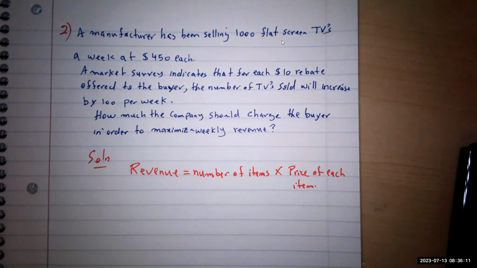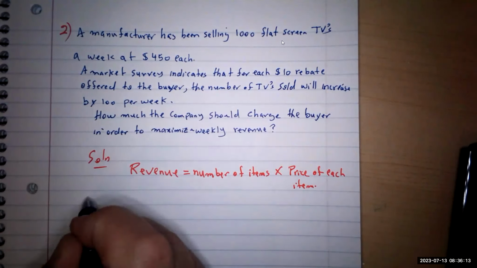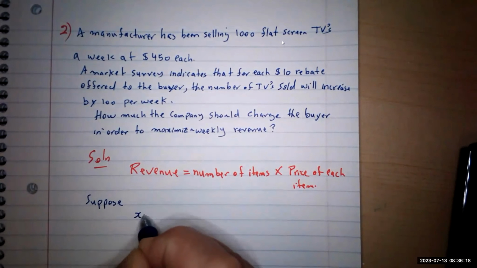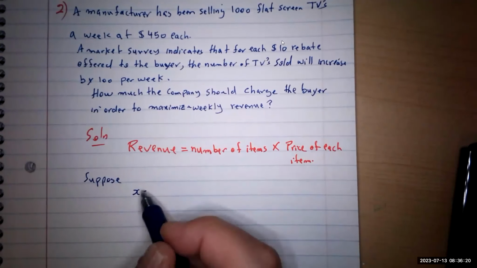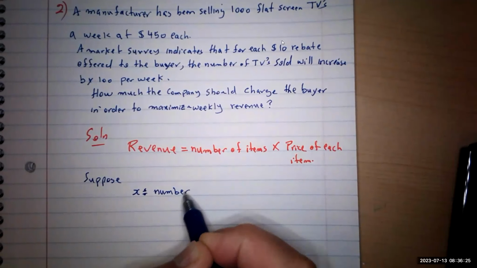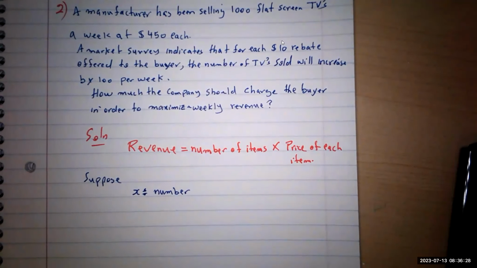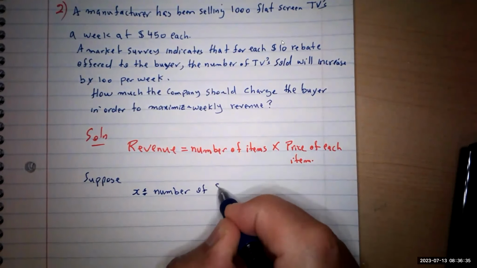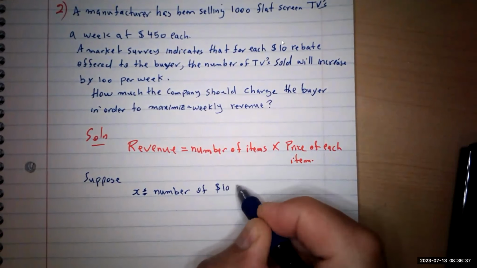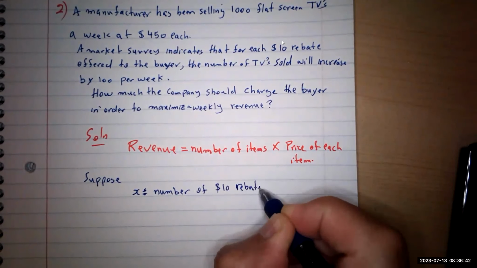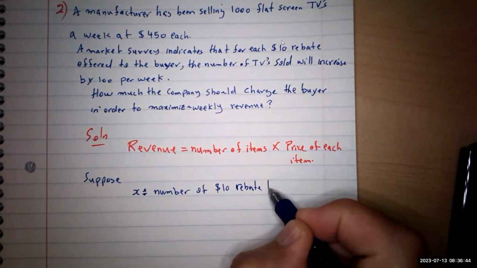For this type of problem, you have to set an X. Suppose X in this problem is the number of times that you're going to offer that $10 rebate.